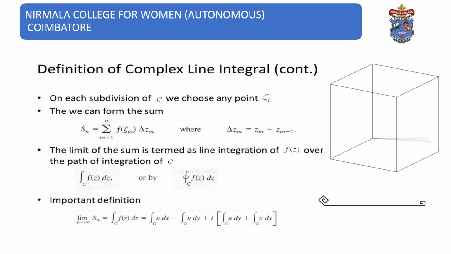The limit of the sum is termed as the line integration of f of z over the path of integration C, and it is represented by integral over C f of z dz. Also, limit n tends to infinity, Sn is defined as integral over C f of z dz.